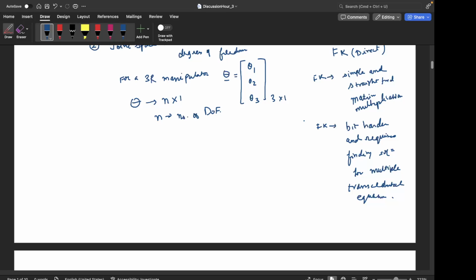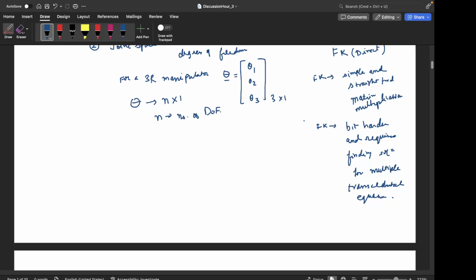Okay, let's go ahead. What I will describe today is first the forward kinematics, then the inverse kinematics, and then we will see the concepts of workspace and how to find workspace, right?